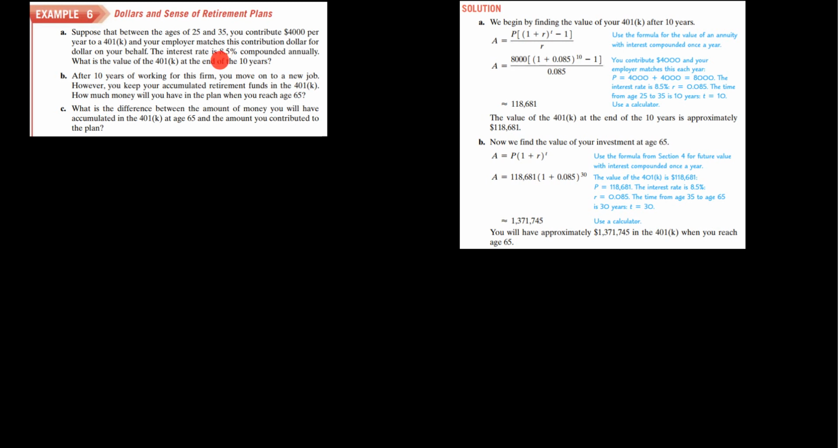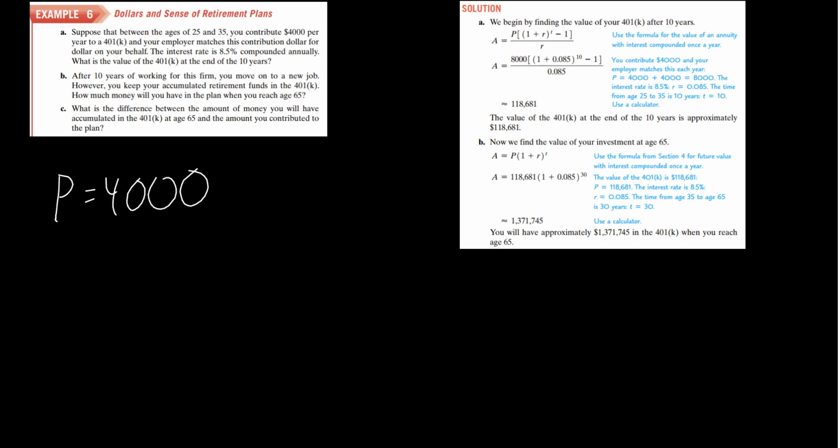Okay. Well, looking at our problem here, we are told that we are putting in $4,000 per year. But in our formula, we're not going to put 4,000, right?